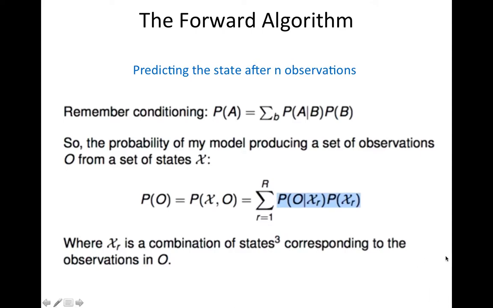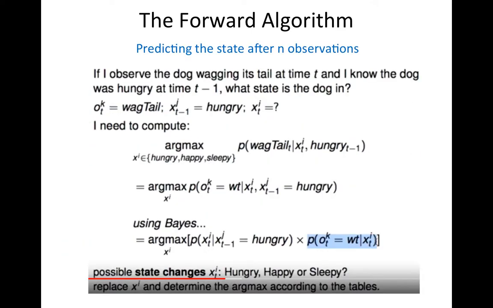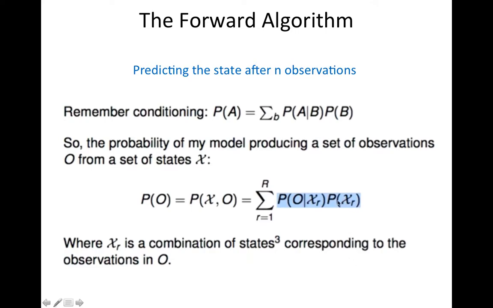One state would be sleepy, hungry, or the third one, happy. These are the three states, and you can take all the combinations: sleepy, sleepy, happy, or hungry, hungry, sleepy, happy, and so on.